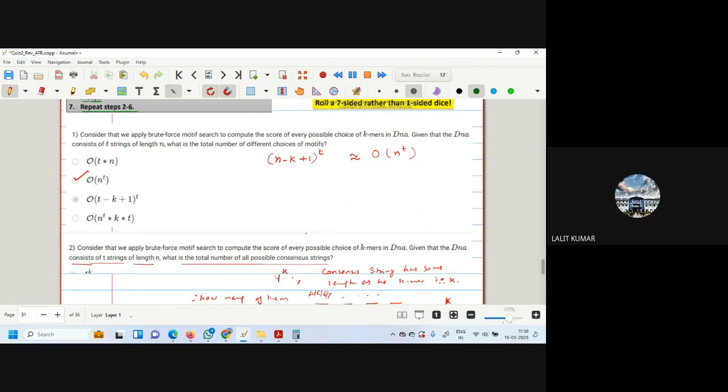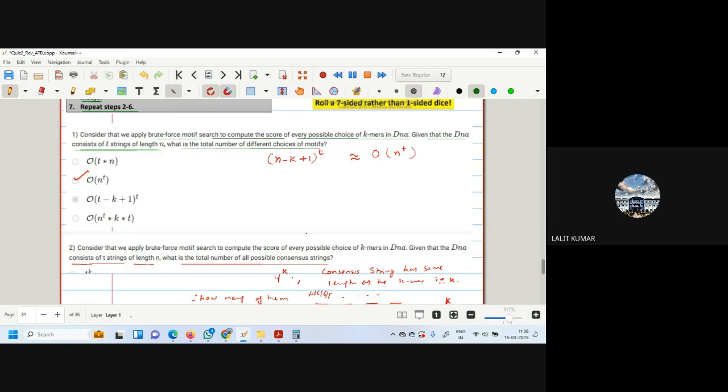So given sampling we have seen, and now we come to the next question. Consider that we apply brute force motif search to compute the score of every possible choice of k-mers in a DNA. Given that DNA consists of t strings of length n, what is the total number of different choices of motifs?